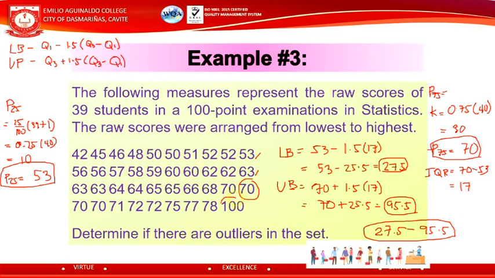So it means that 100 will be considered as our outlier, since it falls beyond the value of our lower boundary and upper boundary. And this is how we solve for outliers. So again, we have to be familiar with the use of our lower boundary and upper boundary, because this will be the key factor in the determination of outliers.